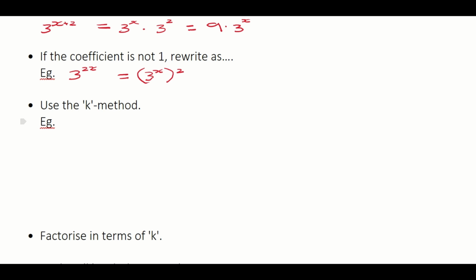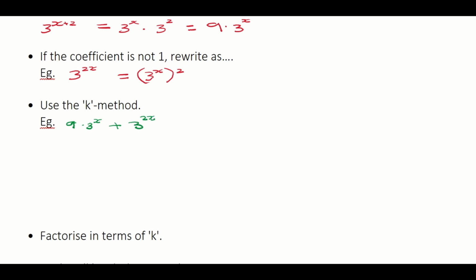Then the next step is to use the K method. So the K method is a crutch that we use to make our calculation easy. It simplifies it for us. An example of that would be if you had 9 times 3 to the power of x plus 3 to the power of 2x.